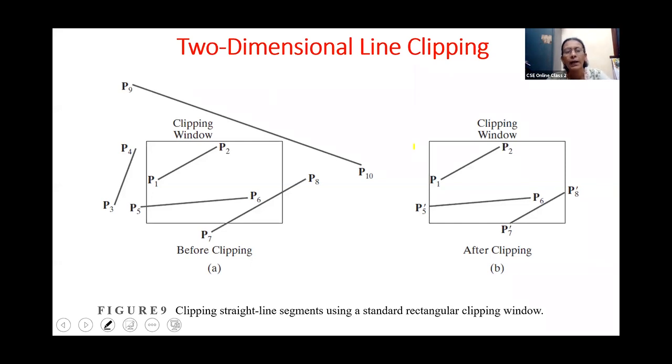And if a part of the line, like line P5, P6 or P7, P8, is partly inside, then only that part of the line which is inside will be visible. The other part will not be visible. So the invisible part has to be clipped, as shown in this diagram.